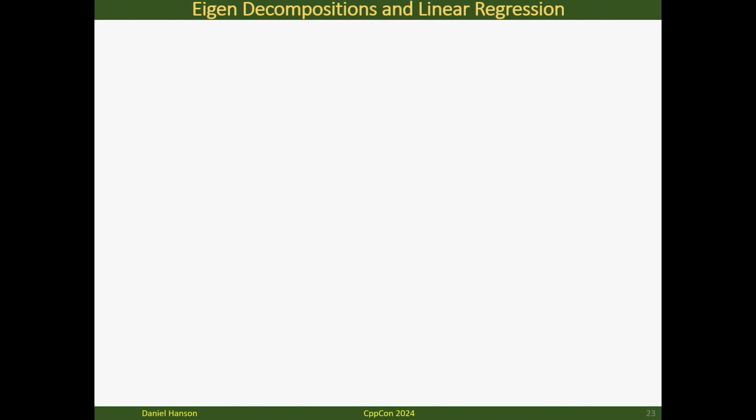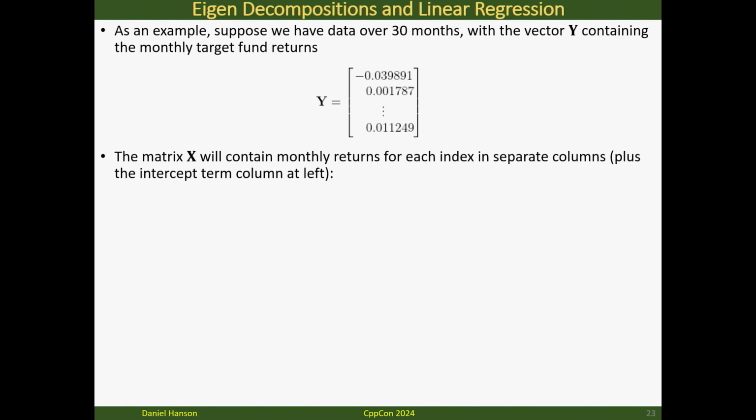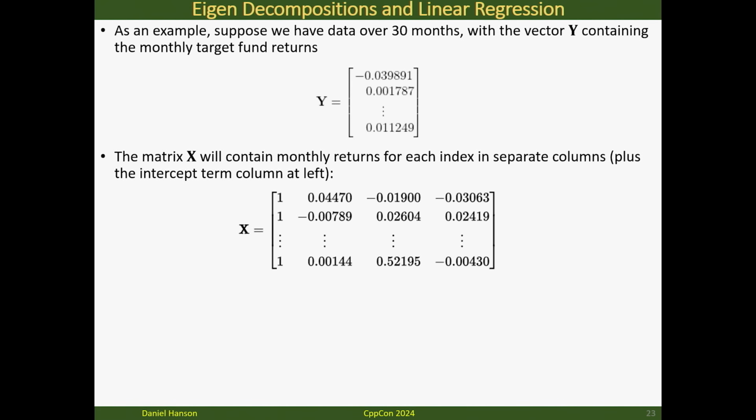So as an example, suppose we have data over 30 months and we'll define a vector y mathematically containing the monthly target fund returns. And the matrix X will hold the monthly returns for each index in a separate column, plus there will be a column of ones for the intercept. In matrix form, this can be written as y hat equals X times beta hat, where this is the vector y hat, the design matrix X, and vector beta hat.